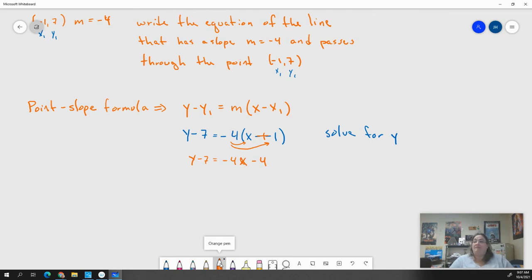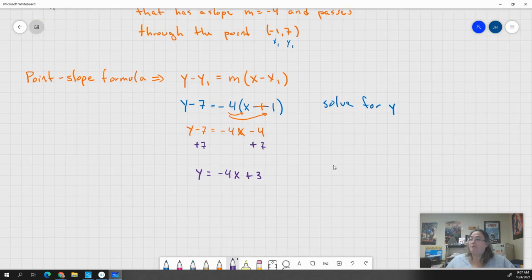The only thing I have left to do to solve for y, to get y all by itself, is to get rid of this 7 that's being subtracted from it. So I'm going to go ahead and add my 7 to both sides. And I get y equals -4x minus 4 plus 7 is 3. And we've got that form that we were looking for, right?